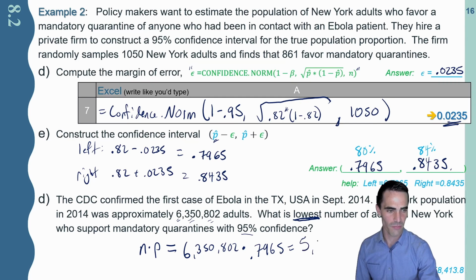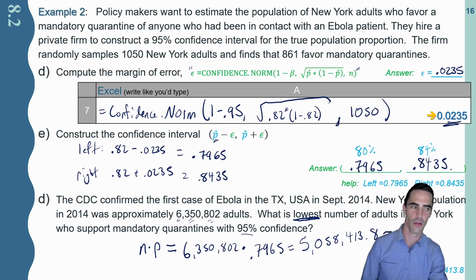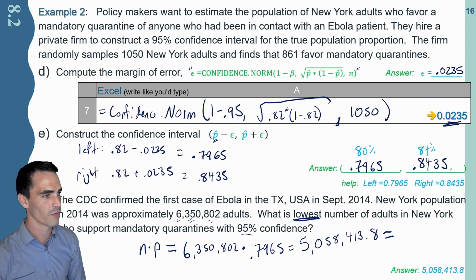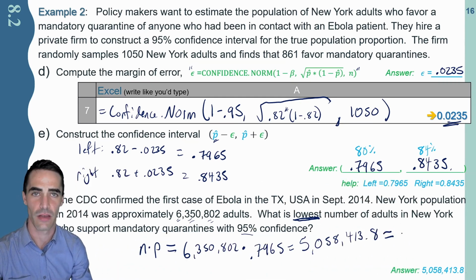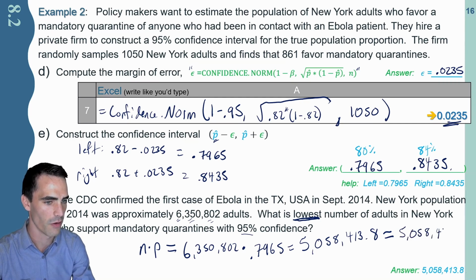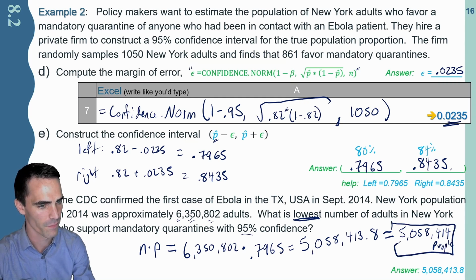It looks like 5,058,413.8. Of course, you might be tempted to leave that alone. Please don't. Please make sure you round, because we can't somehow talk to 0.8 of a person, or at least I don't think we'd want to. I can round this to 5,058,414 New Yorkers, or I'll call them people.